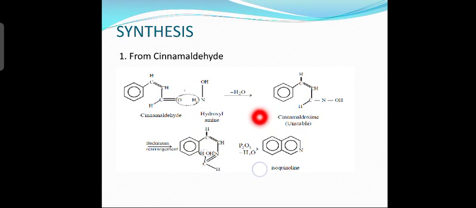The resulting product is unstable, therefore it immediately undergoes Beckmann rearrangement to give this product. This on heating with phosphorus pentoxide eliminates a molecule of water, you can see here HOH, to give isoquinoline. So this synthesis is from cinnamaldehyde.